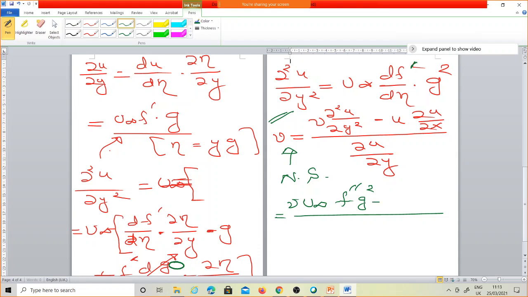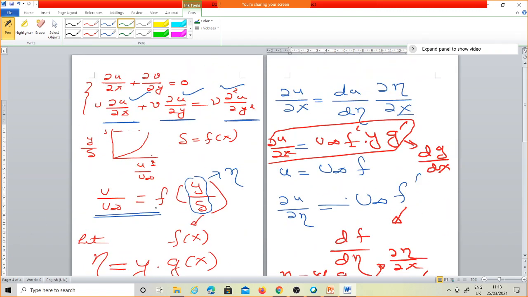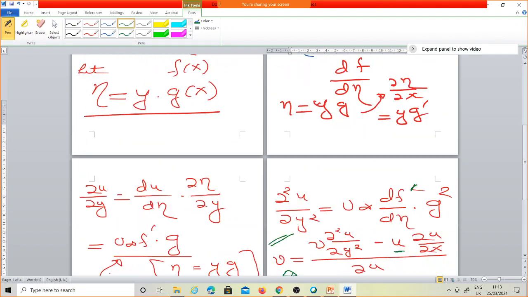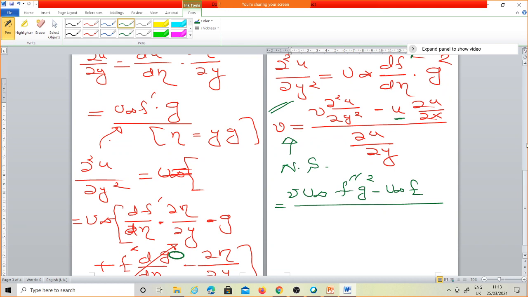Then minus, then you have u. You know that u by u infinity is equal to f, so u should be u infinity multiplied by f. So you will have u infinity multiplied by f, and then you have del u by del x.